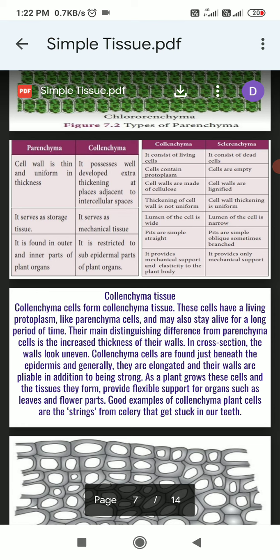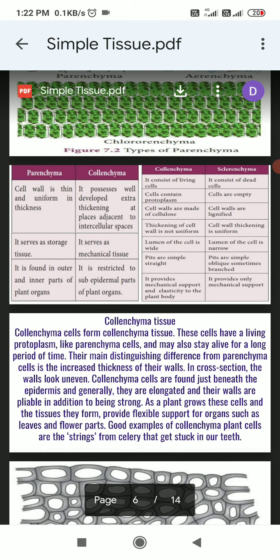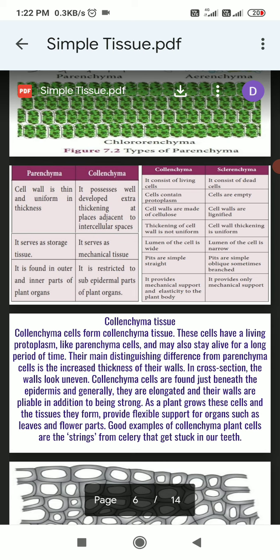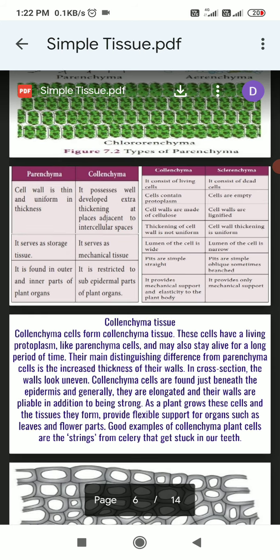Then collenchyma also differs from sclerenchyma. In that case, collenchyma consists of living cells, while sclerenchyma consists of dead cells. Collenchyma cells contain protoplasm, while sclerenchyma cells are empty.